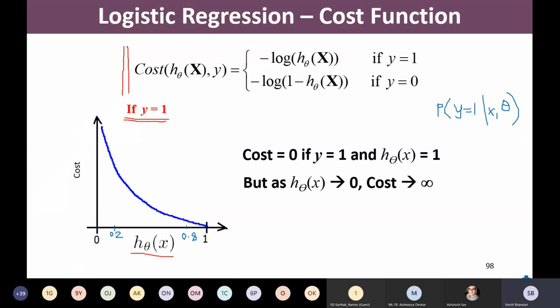Usually while dealing with logistic regression, we define some threshold like 0.5. We have seen this earlier. If the probability is greater than or equal to 0.5, then we say that the class equal to 1, and if it is below 0.5, then we say that the class equal to 0.